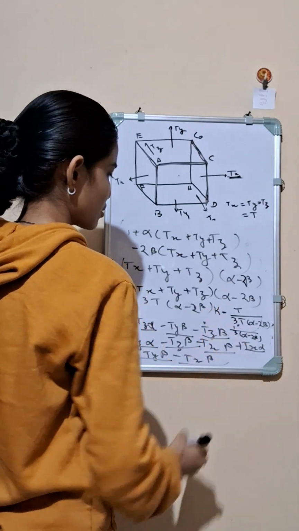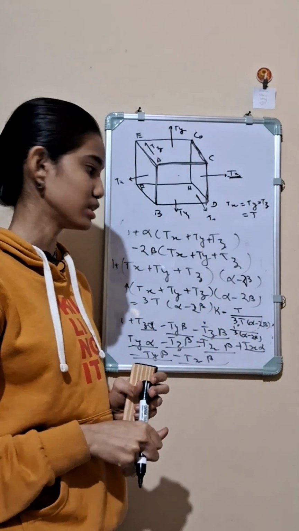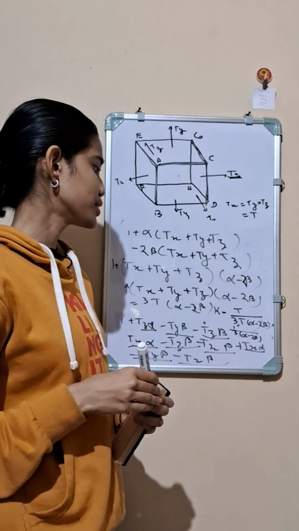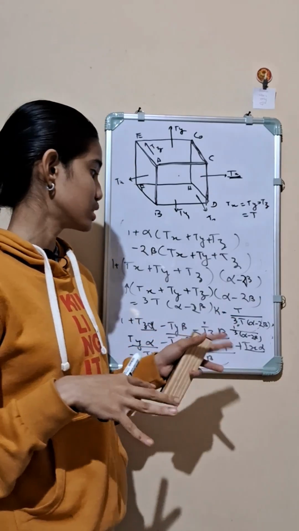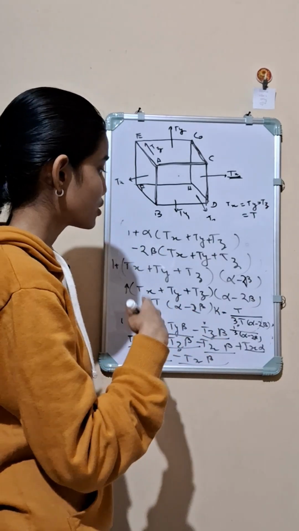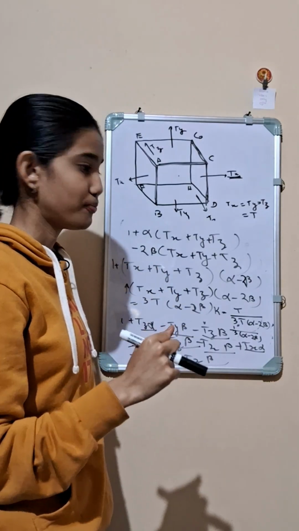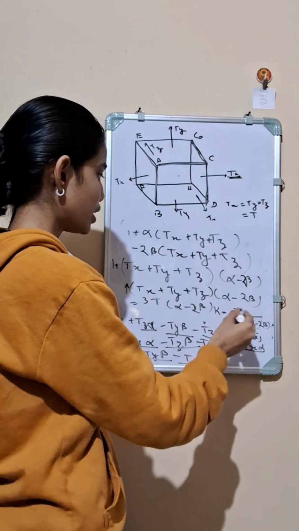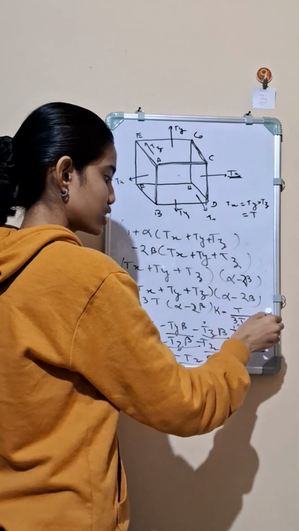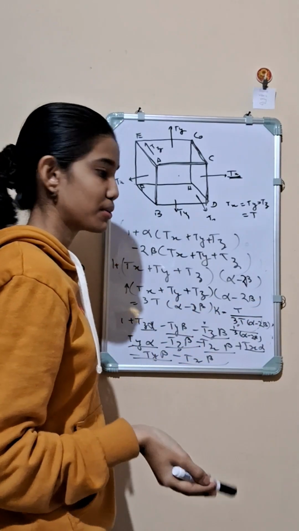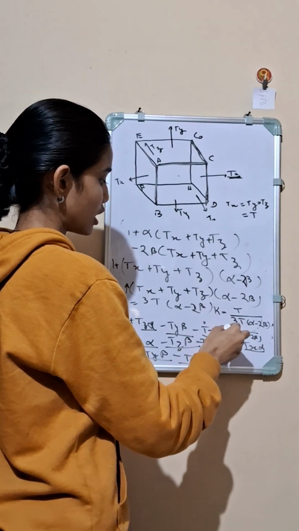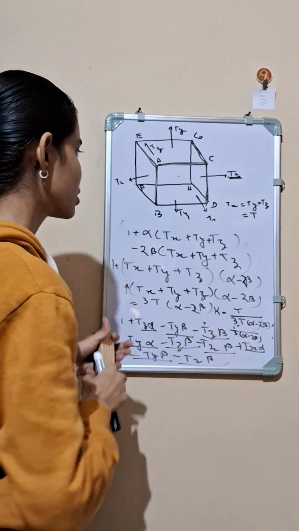This is equal to the bulk modulus. Bulk modulus means the modulus of rigidity related to what? Related to increase in volume. And here we have the stress as T, the increase as 3T (alpha minus 2 beta) and the original volume as 1. So we are getting the bulk modulus as 1 by 3 into (alpha minus 2 beta).